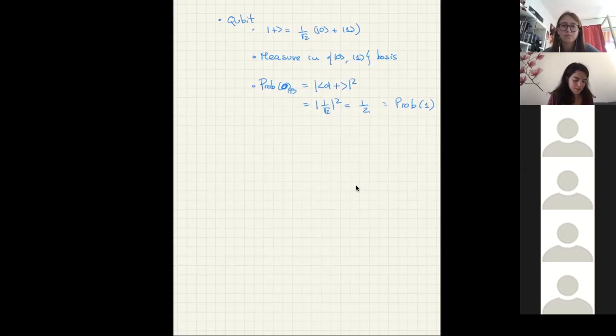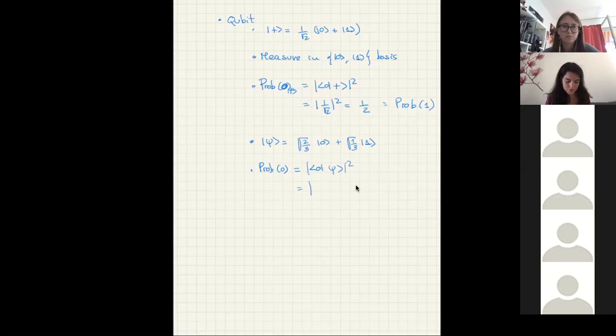But now let's take a different state. Let's take, for example, psi equals square root of 2 over 3 times 0, plus square root of 1 over 3 times 1. And now we want to measure in the same basis. So now the probability of measuring 0 is the inner product of 0 with psi, squared.